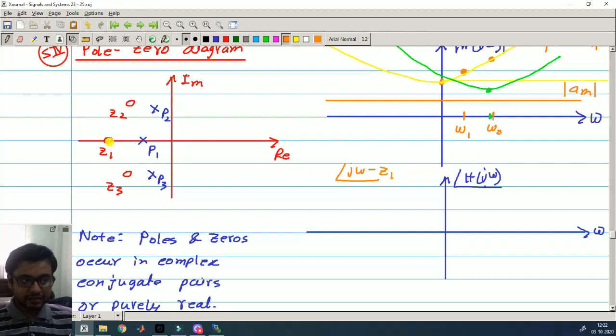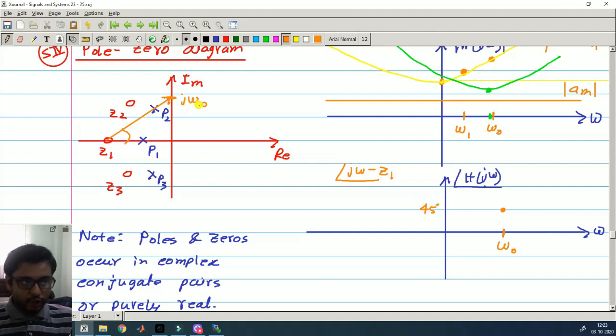Z1 is here, and you pick any particular value of omega, say omega naught. You mark the same point here somewhere. This is j omega naught. Then you join this z with j omega naught. This vector is j omega minus Z1, and then this angle is given by this angle. So in this case you can see the angle is around 45 degree. So you can plot here that point, 45 degree.